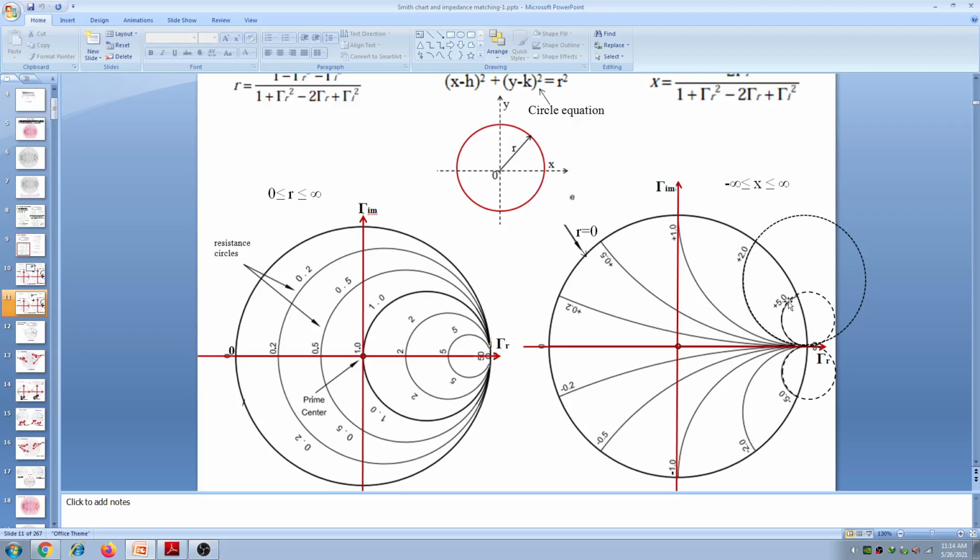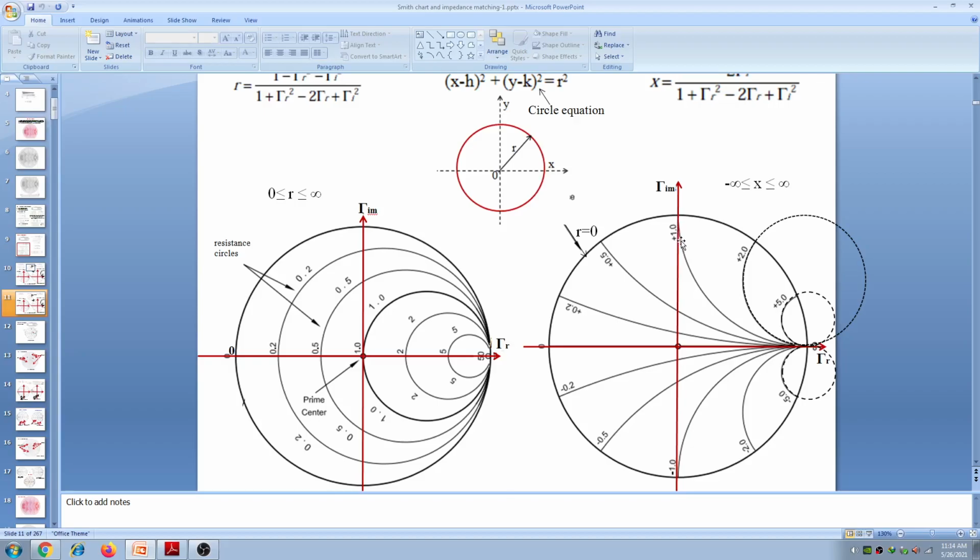See, this is a circle, the number written here is plus 5. So the reactance value of this circle is plus 5. If you move over this circle, the reactance value remains the same. Similarly, this is a plus 2 circle. The reactance value is plus 2. You move anywhere over the circle, the reactance value is plus 2.